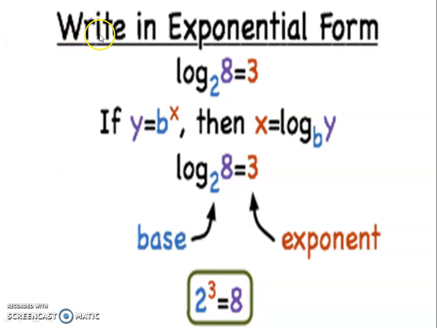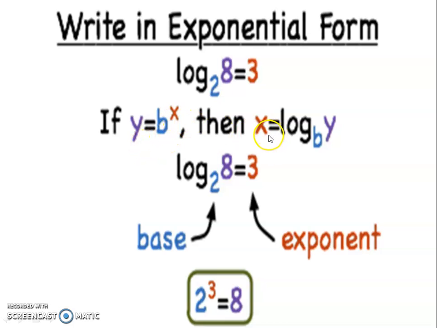I explain it again. Write in exponential form. We already know 2 raised to 3 is equal to 8. So the last expression we discussed is 2 cubed is equal to 8. Then how do we derive the log? Log of 8 to the base 2 is equal to 3. So reversely we study this topic. Y is equal to b raised to x.